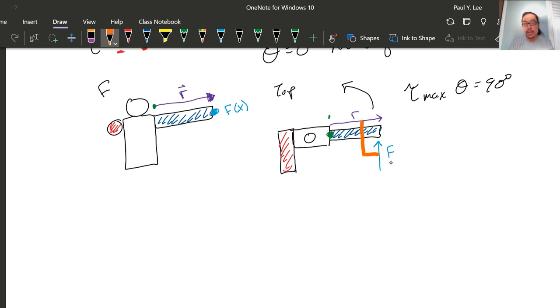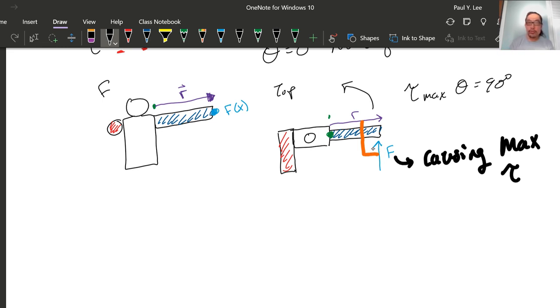So here, what this tells us is that whoever is exerting this force, okay, this force is causing max torque, okay, because our force and our radial vector is at 90 degrees. Now, the amount of torque can change if you are pushing at different parts of your arm, and we'll get into that later. But the important thing here is that because your R and your F are at 90 degrees, we have torque, right? Torque exists.